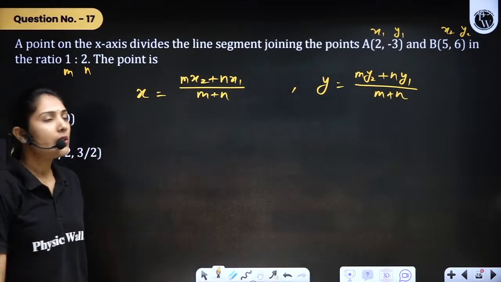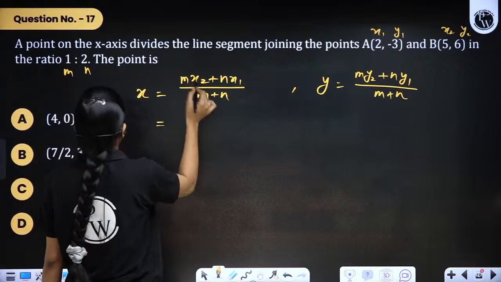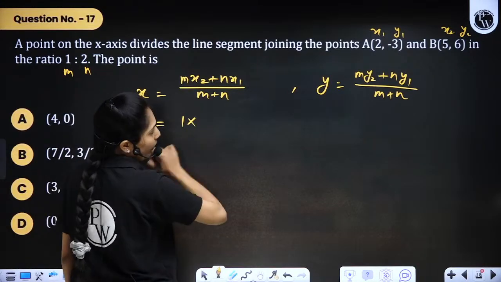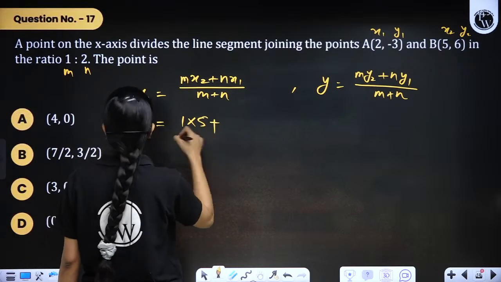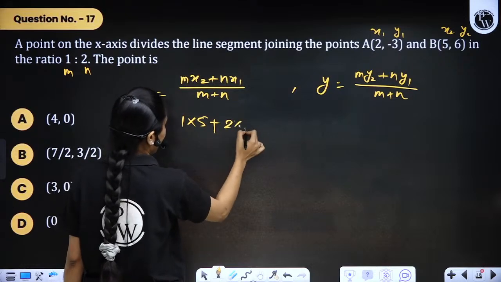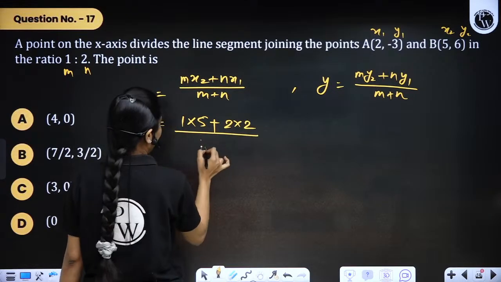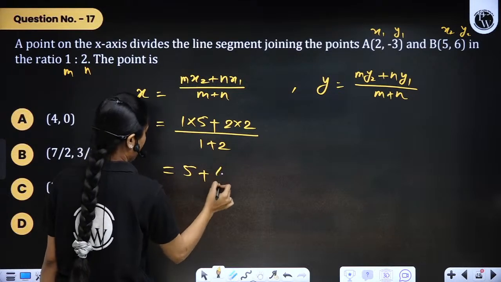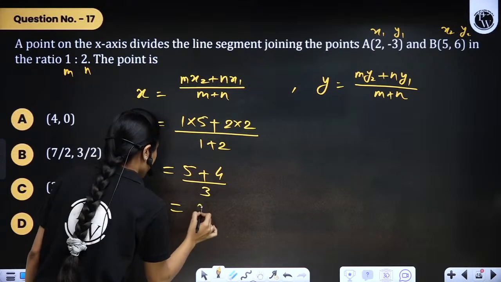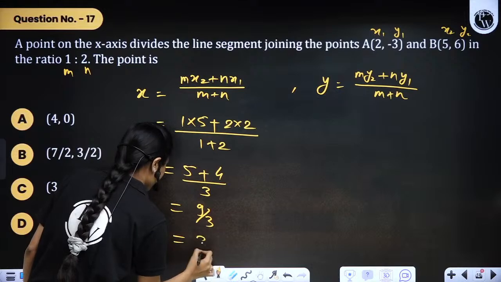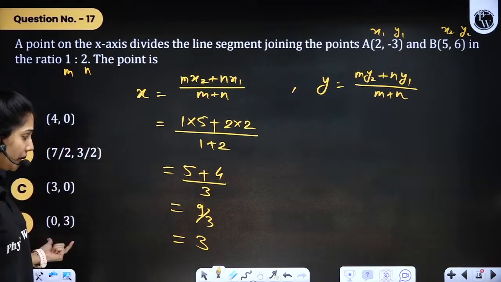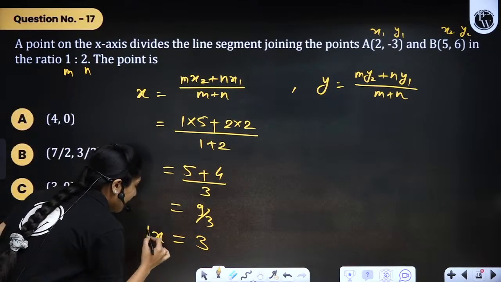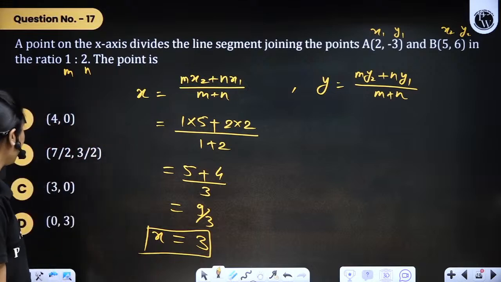So, value of m is 1 into x2 which is 5, plus value of n which is 2 into x1 which is 2, upon 1 plus 2, which equals 5 plus 4 by 3, that is 9 by 3, which is 3. So, the only option in which we have the x coordinate as 3 is option number C.